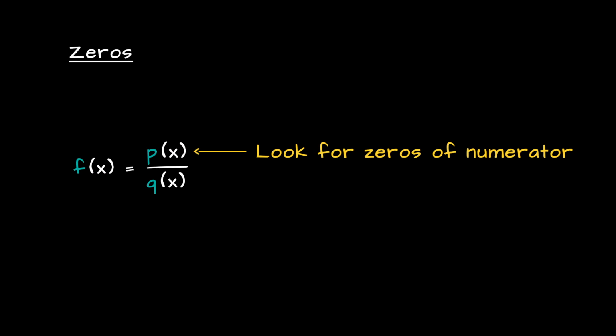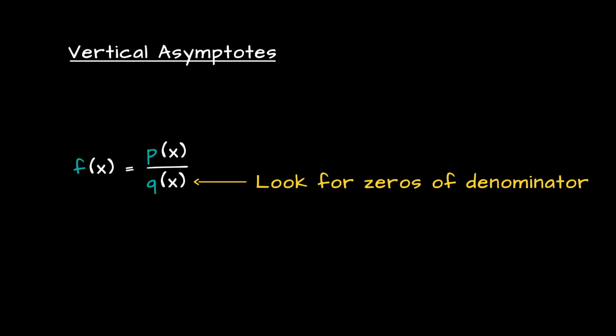Now, how can we determine those characteristics using algebra alone? What if someone only tells us that our rational function is presented as the ratio of a polynomial p of x and q of x? Well, it turns out that the zeros of the rational function will basically correspond to zeros of the numerator, to zeros of p of x. And it turns out that the vertical asymptotes will basically correspond to zeros of the denominator, q of x.